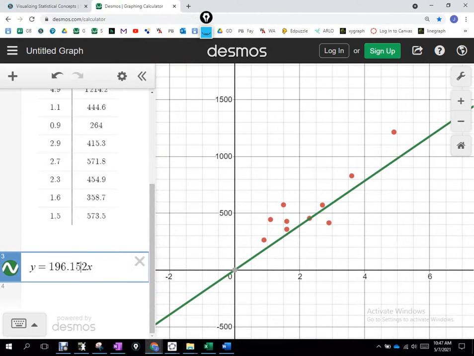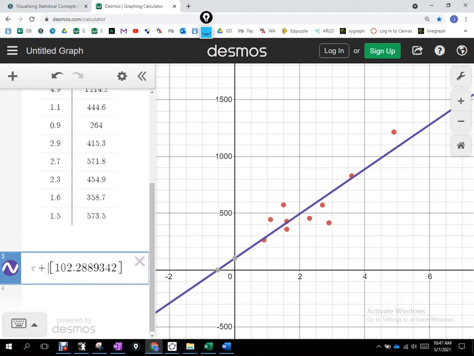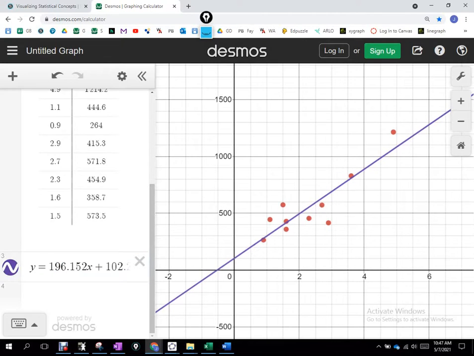So 152 plus that ends up being my y-intercept, out to 6 or 7 decimal places there. But that ends up being our line of best fit. Okay? Does that make sense? And it does model our data, right?